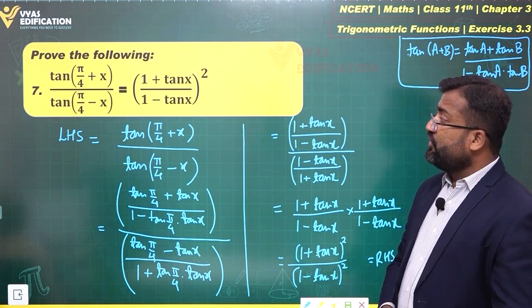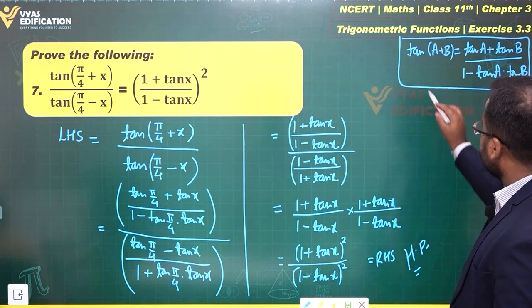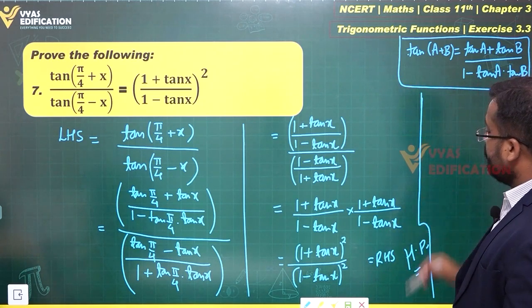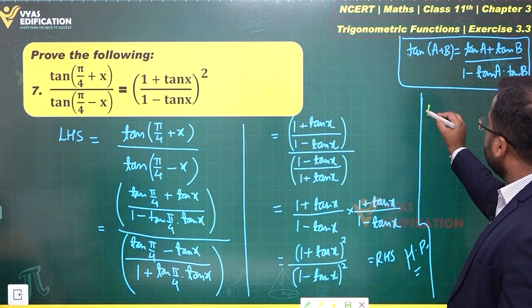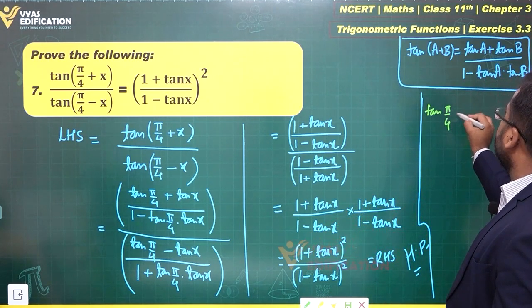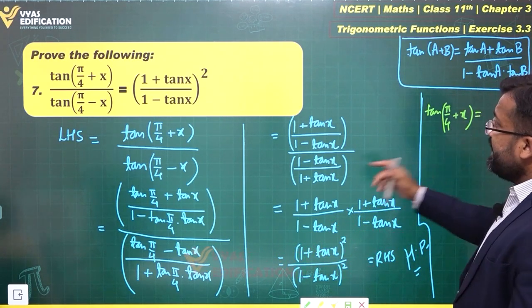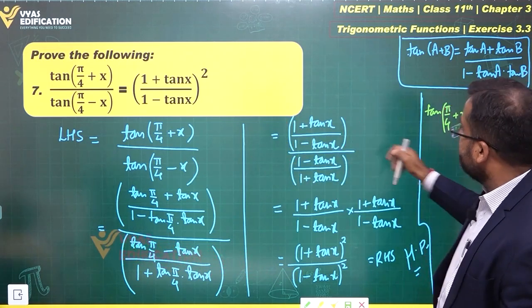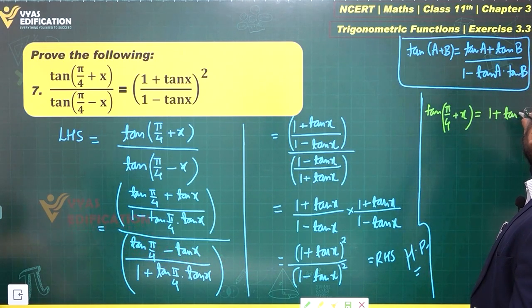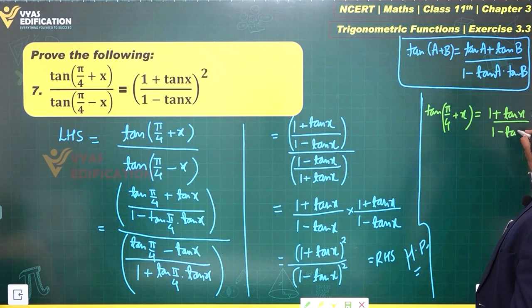What is so special about this kind of a thing? Let me ask you one thing: if tan of pi by 4 plus x is given, you can simply write it as 1 plus tan x over 1 minus tan x.